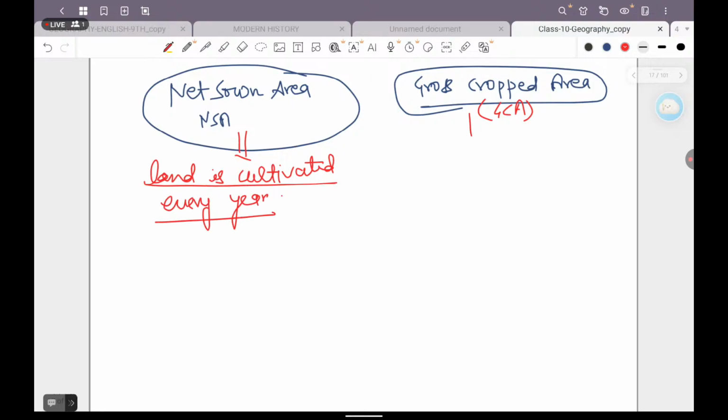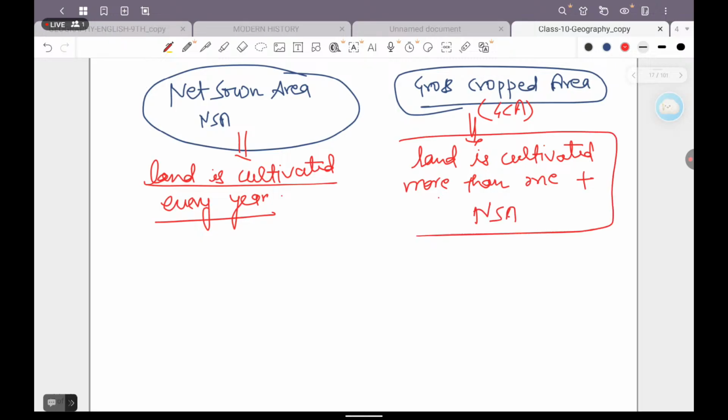But if any land is cultivated more than once, the land cultivated more than once plus the net sown area, that is the gross cropped area.